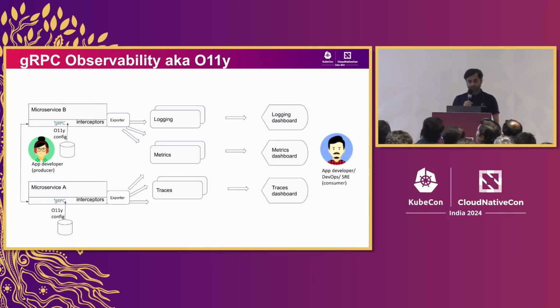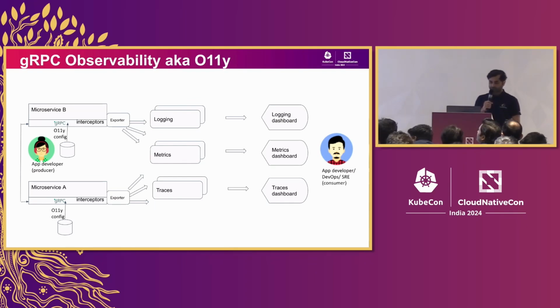The gRPC interceptors sit right next to your application code, and all the RPCs going in and out go through them. They intercept those RPCs and pump the relevant raw data like logs, metrics, and trace information, and through various exporters, they will be put into the respective backends.